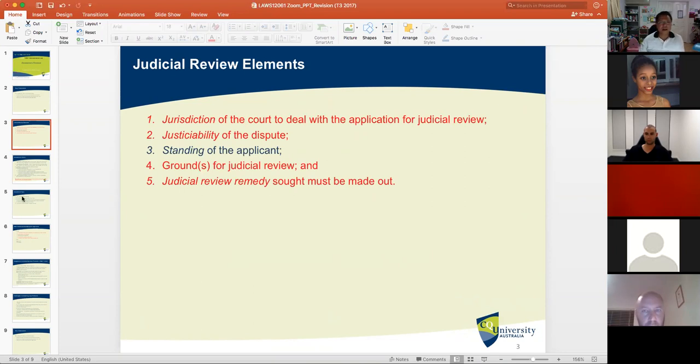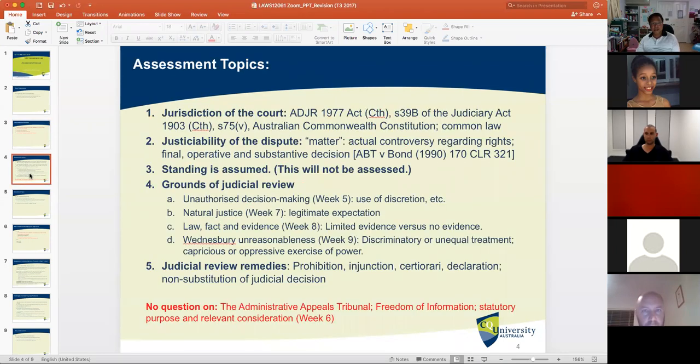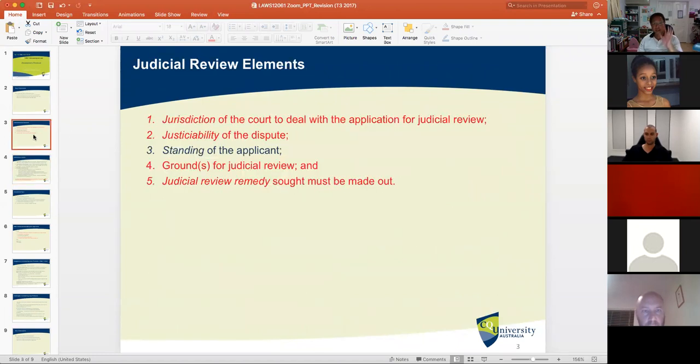Okay, so let's talk now about assessment topics. And the assessment topics will correspond to the judicial review elements, as I said. And I'm doing this because if you remember this, you now have a framework to attack or address a case problem in administrative law. So this is the framework that I'm suggesting so you don't miss it. And the beauty of the framework is that it is easier for you to determine what the legal issue is.